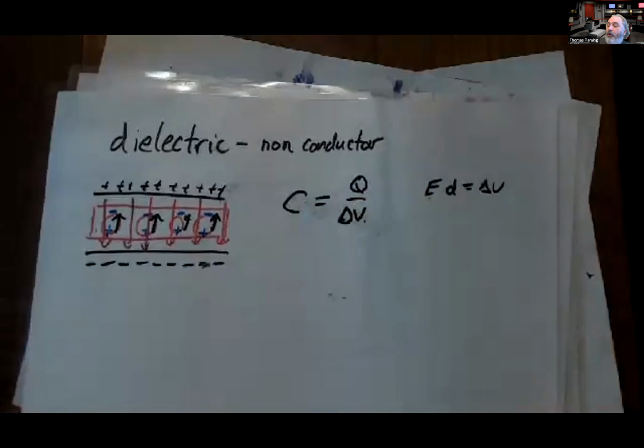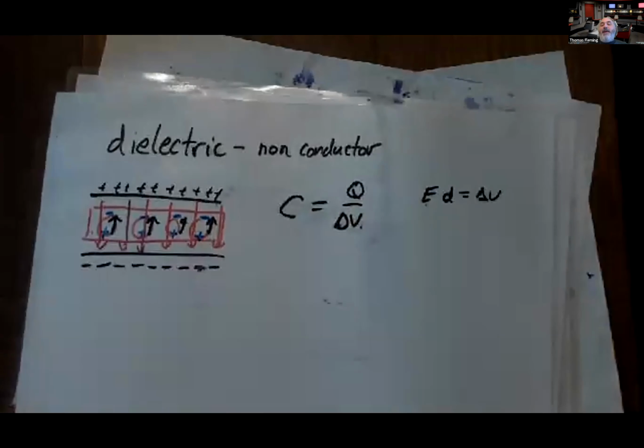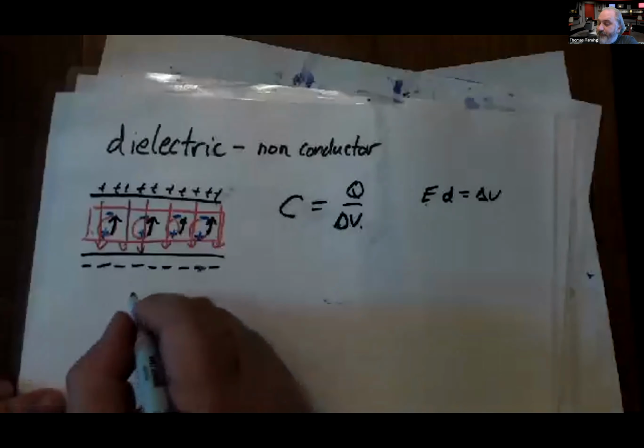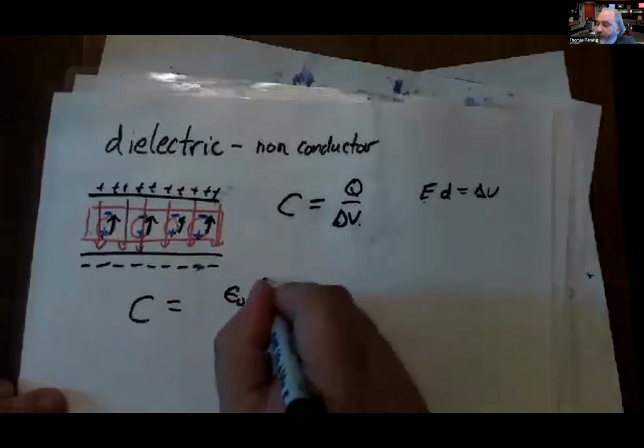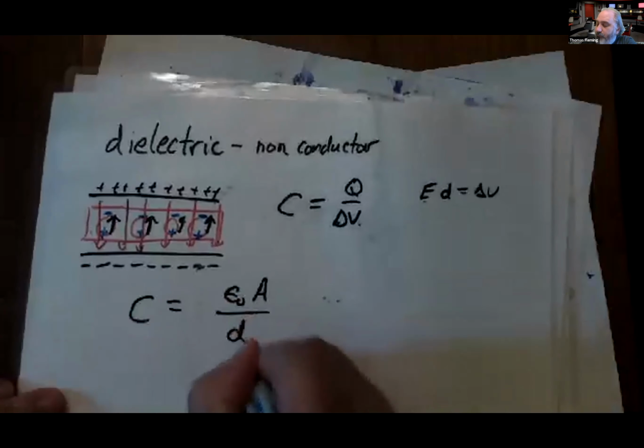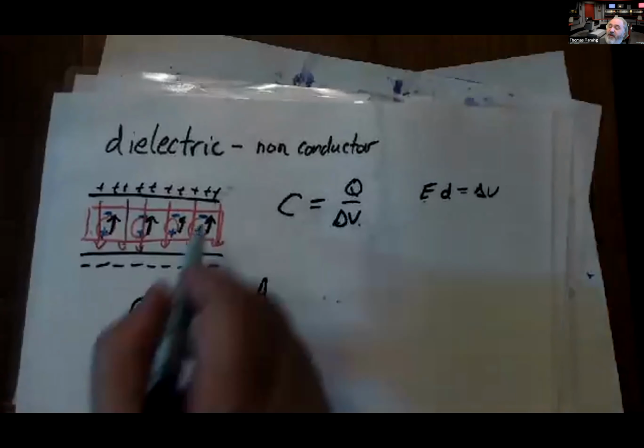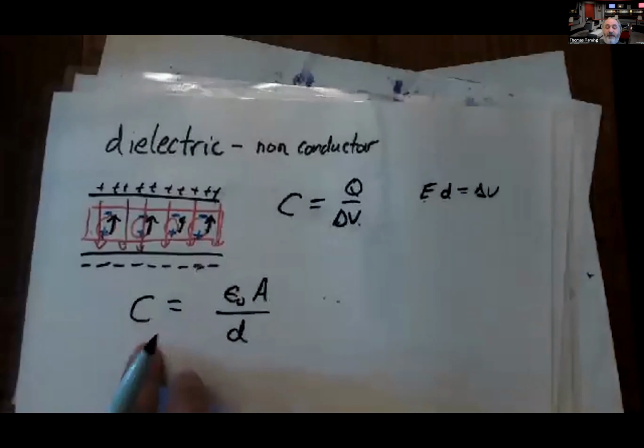So by putting a dielectric in that gap, I'm going to make the capacitance bigger than the normal capacitance. Now, the normal capacitance was this. Putting a dielectric in the middle is going to make it bigger than this.